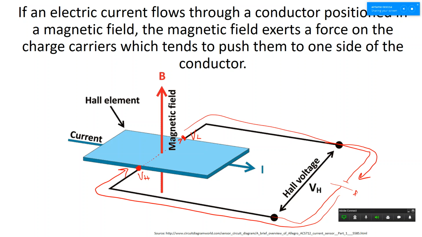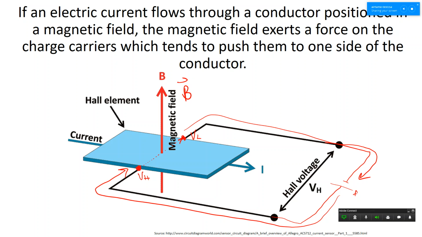Okay? So why do we care? Well, I haven't done anything to it yet. That's what the current would do if there was no external magnetic field. Now imagine I applied a magnetic field in the upward direction. And so now I have charges that are entering this plate, and there's a magnetic field, and so therefore it feels a force.